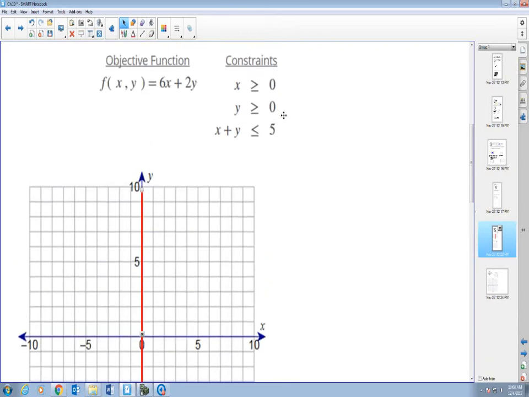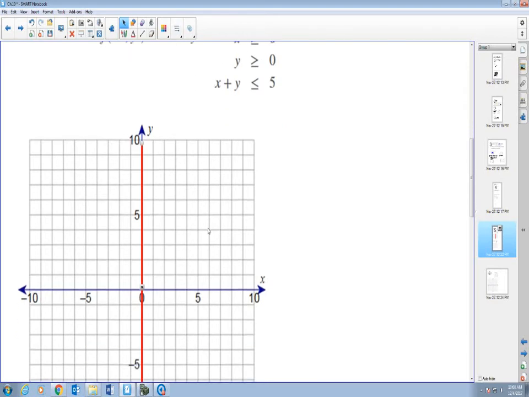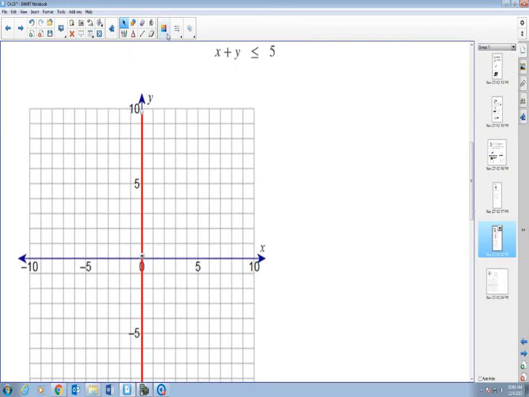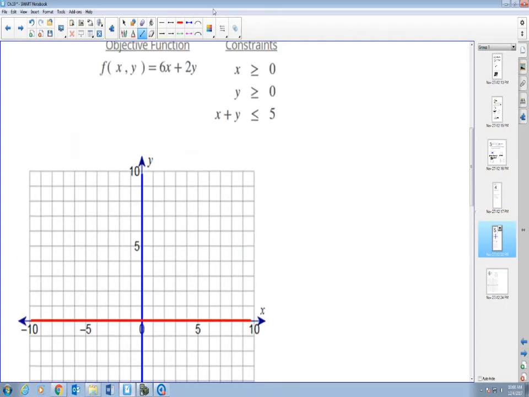Now y greater than or equal to 0 will be above the x-axis. Let's give this a try. Above the x-axis. Now put the two together.